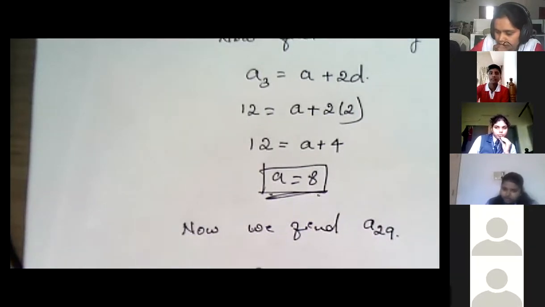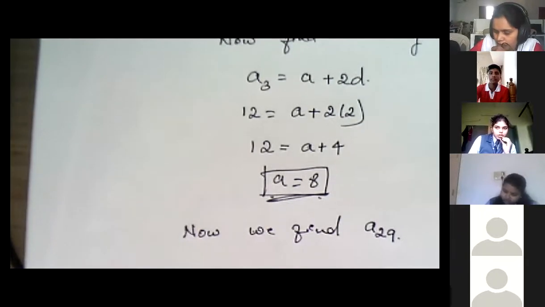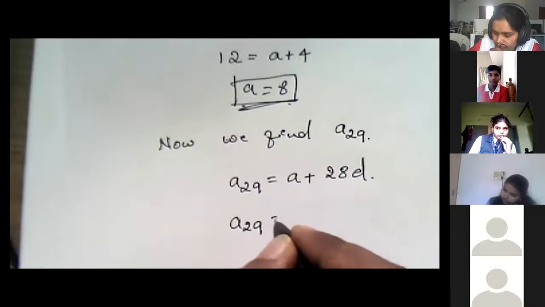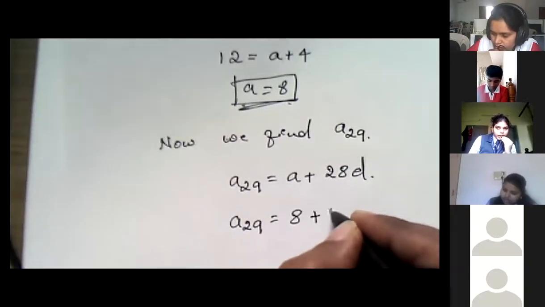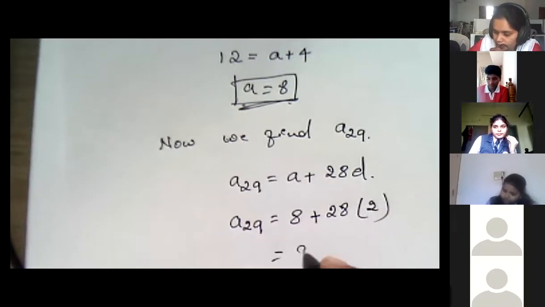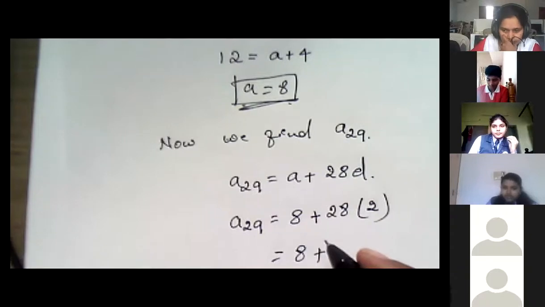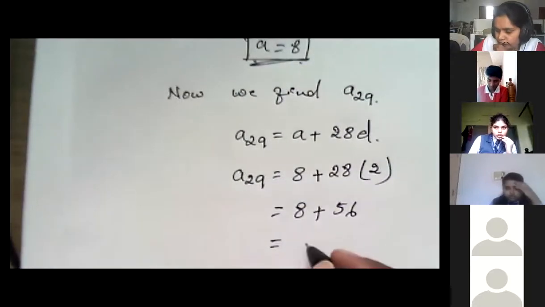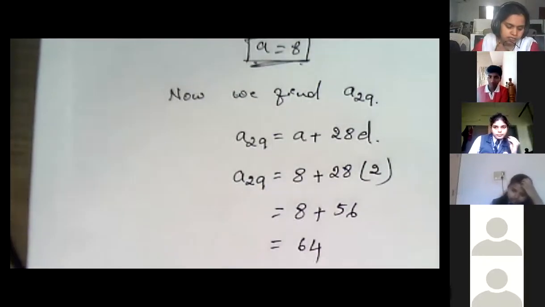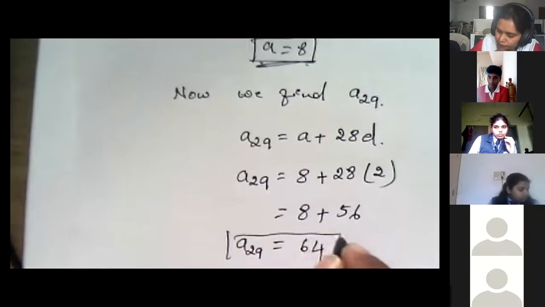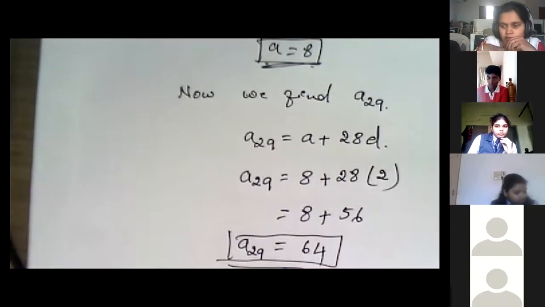A29 equals 8 plus 28 into 2. 28 into 2 is 56. So A29 equals 8 plus 56, which is 64. A29 equals 64.